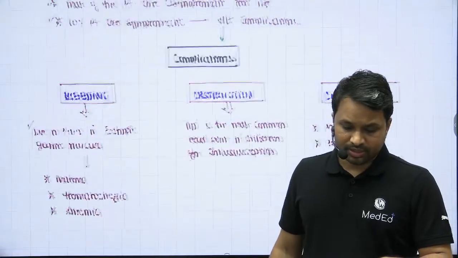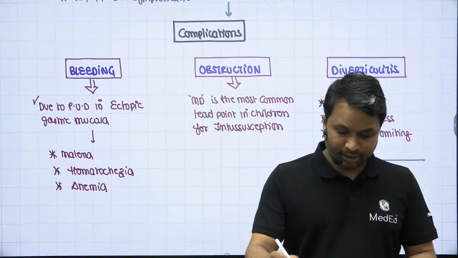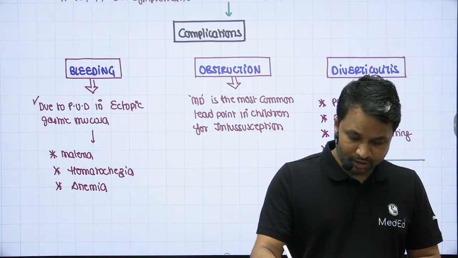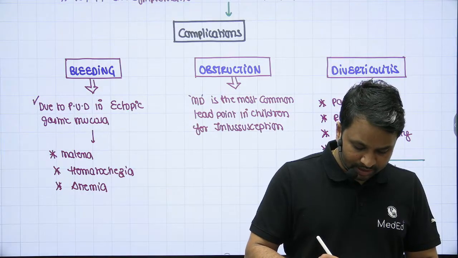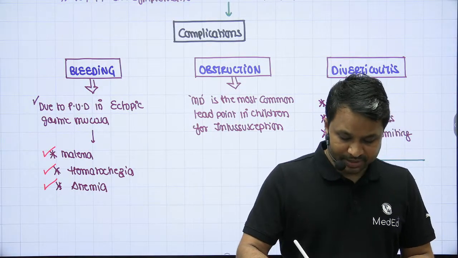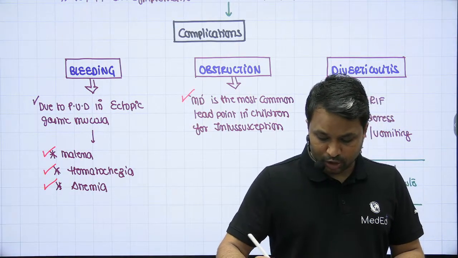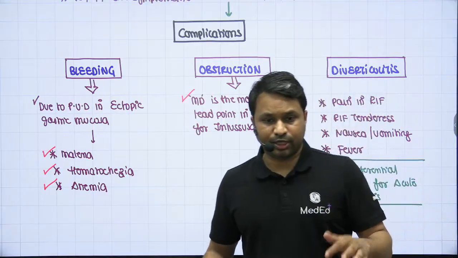Okay? So these are the complications. So how does the patient present to you? Patient can present to you with lower GI bleed, that is melena, hematochezia, anemia. It can present to you as intestinal obstruction. It can also present to you as features suggestive of acute appendicitis.